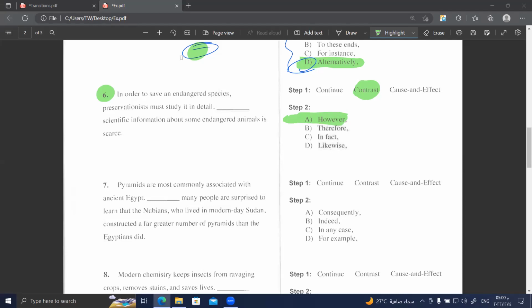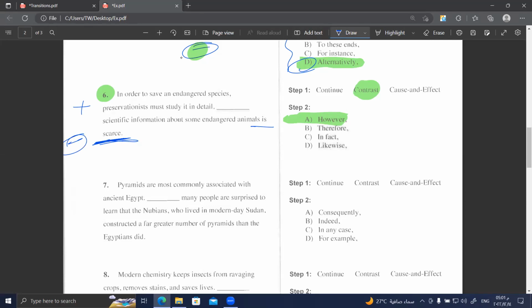Rahaf, go ahead. It says, in order to save an endangered species, preservationists must study it in detail. This is positive. And scientific information about some endangered animals is scarce. This is negative. The only contrast here we have is however. Thank you so much. Okay.